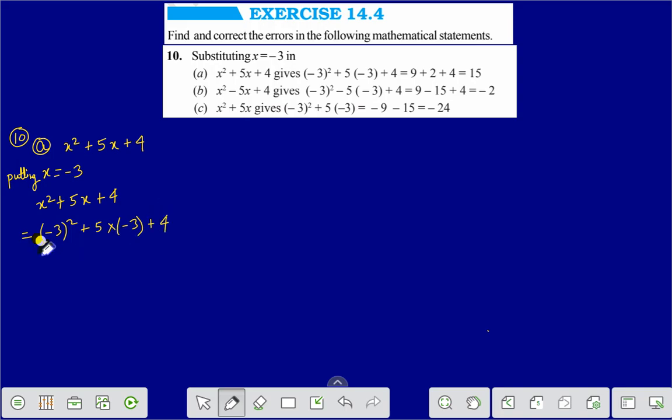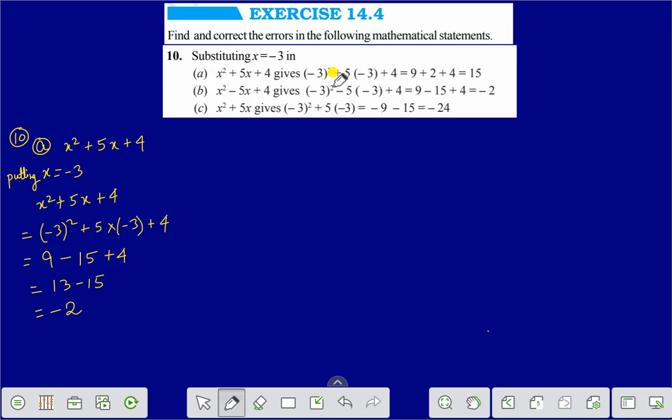We are getting 9 minus 15 plus 4. 9 plus 4 is 13, minus 15, that is we are getting the value minus 2.